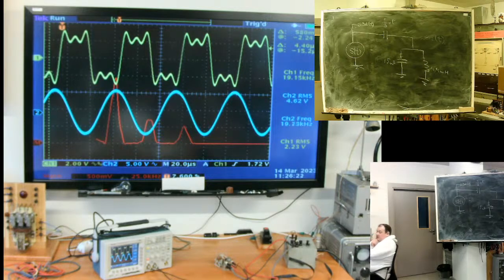Now, what are we observing? What are we seeing now? We have the yellow line at the input, an approximation of a rectangular signal. And we have a nice sine at the output.